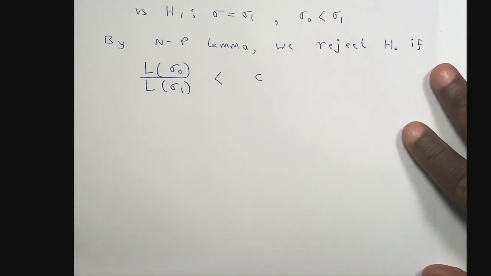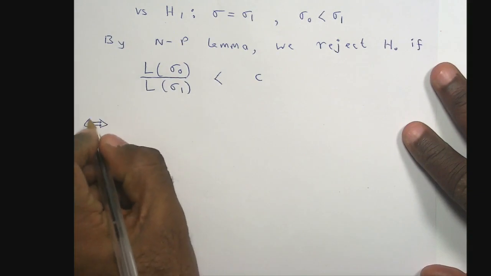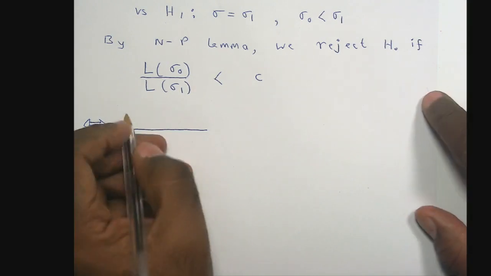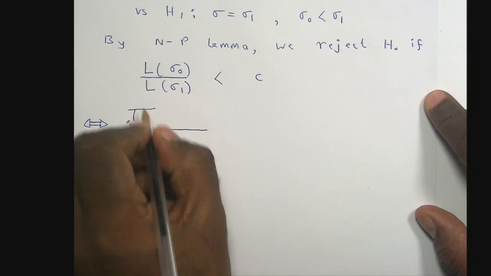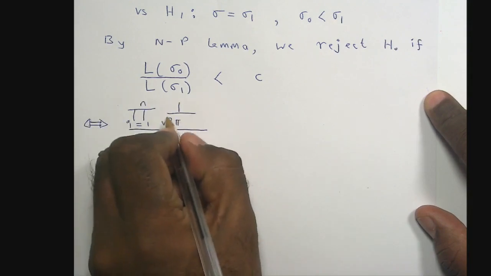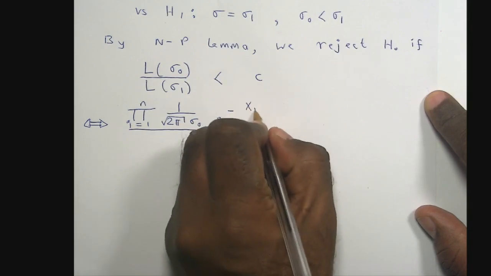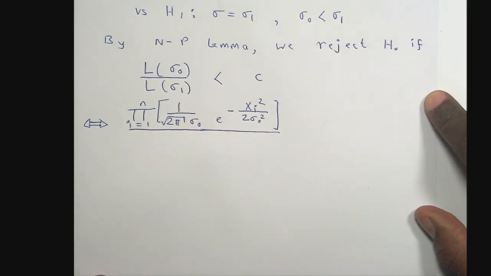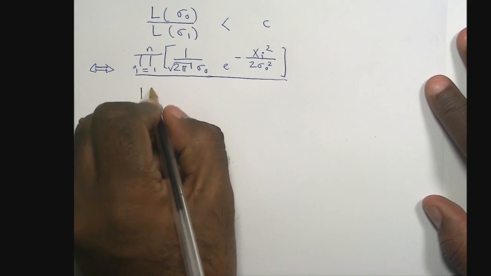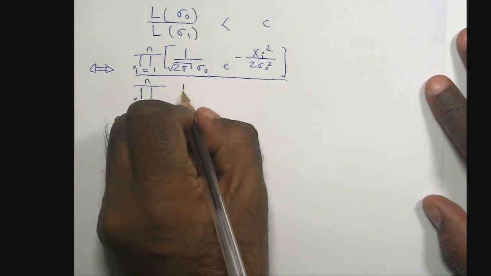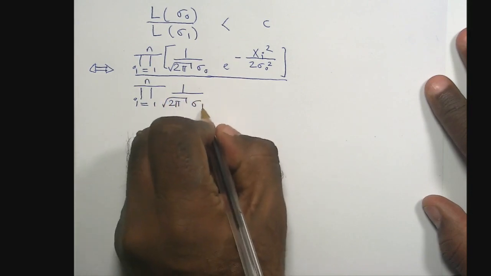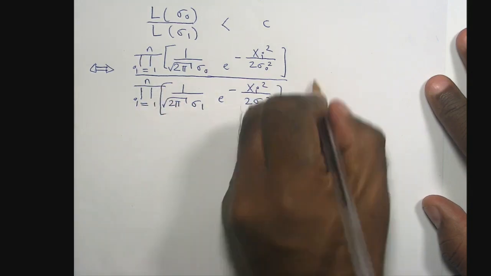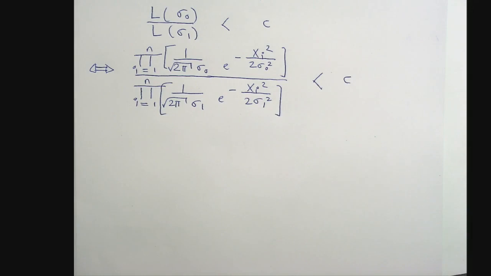Now we know that we have a random sample from the normal distribution, so the likelihood, guys, is the product of the density of the normal distribution.